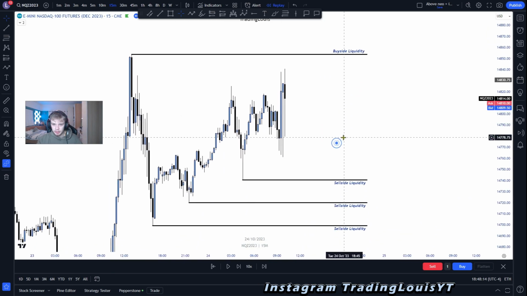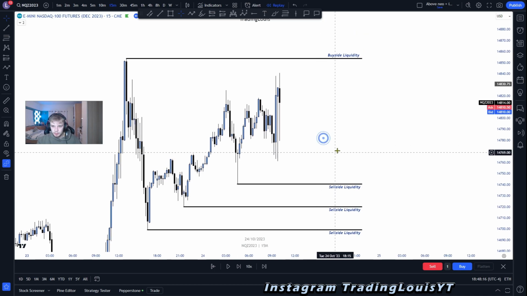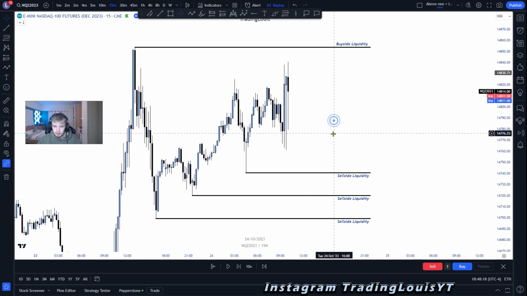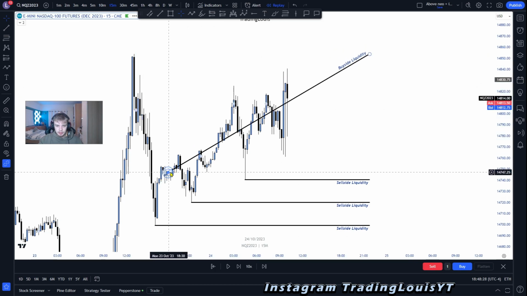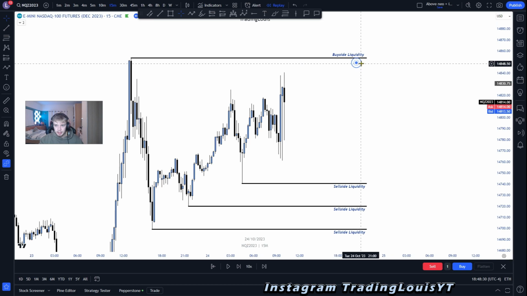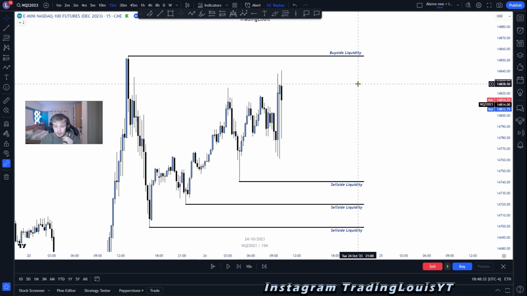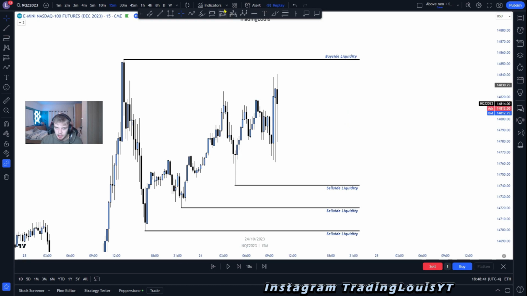If we look down here, we actually have two types of liquidity that I can clearly see. That is the swing high and swing low ones, which I've marked out already. We have a swing high right here, which would be our buy side liquidity. All that means is where I think stop losses are going to be in the market.